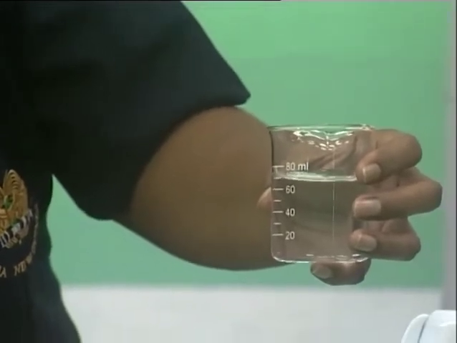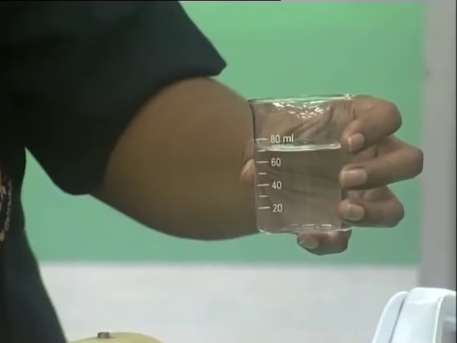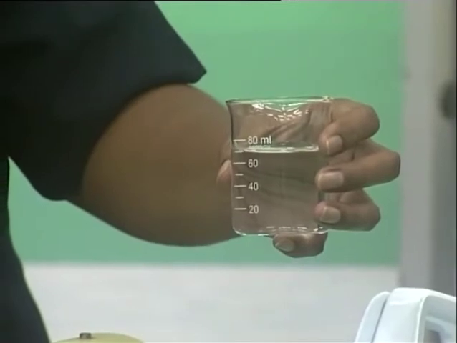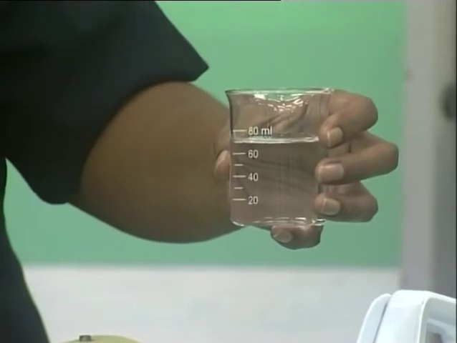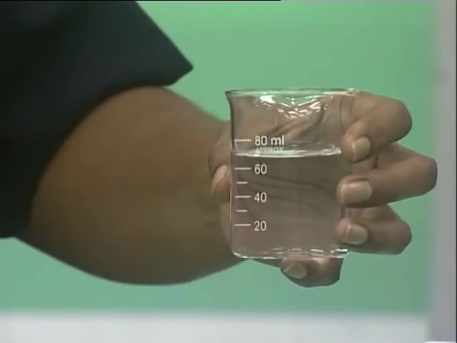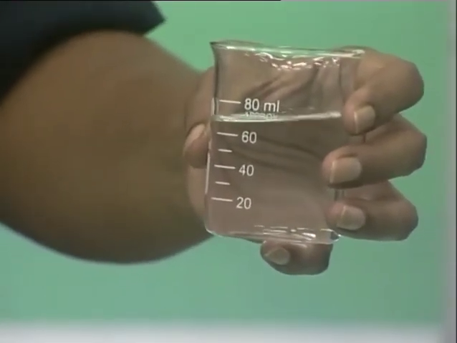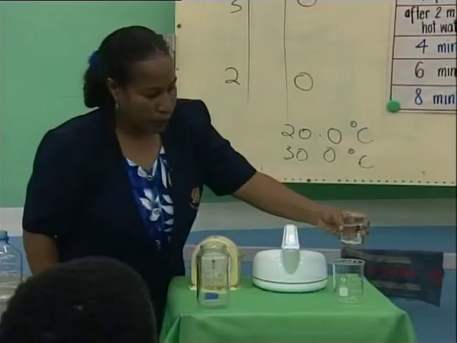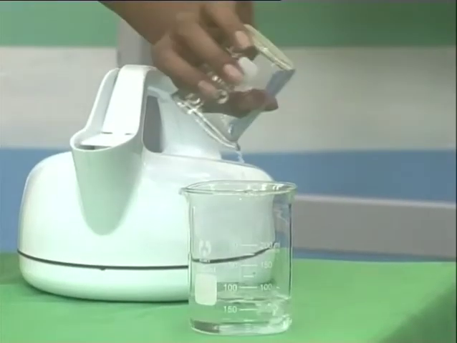Okay, 75 should be about, sorry, this is 60, we've gone past 60, we've gone past 70, and the water level should be in between 70 and 80, right? Once you have done that, this is tap water, you will now pour it into the big beaker, 200 mils beaker.